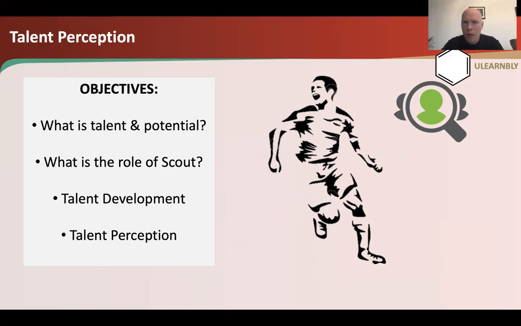Different clubs, different federations have different terms for this individual, director of recruitment or wherever it may be. What is the role of the person who's trying to identify this talent and support them? What is talent development and what is talent perception? And what are some of the influences around how we perceive talent? So really, really important. And again, is it constructively aligned?